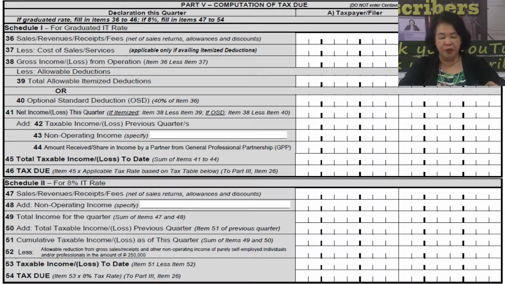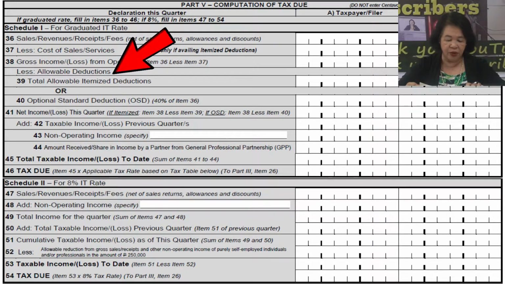Yung page 2 naman po ng 1701Q natin is part 5, the computation of the tax due. So, in computing po the tax due, meron tayong schedule 1 for graduated income tax rate, no? Paano po itong graduated income tax rate? We have sales or revenue or receipts, less cost of sales or services equals the gross income, less allowable deductions, no?